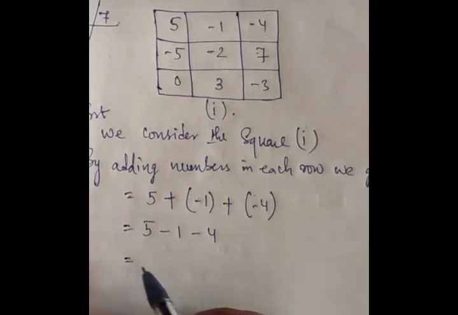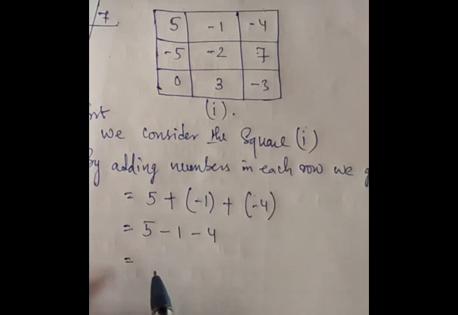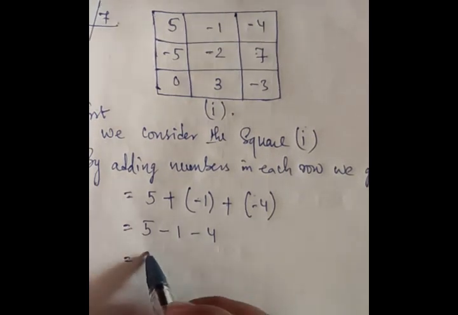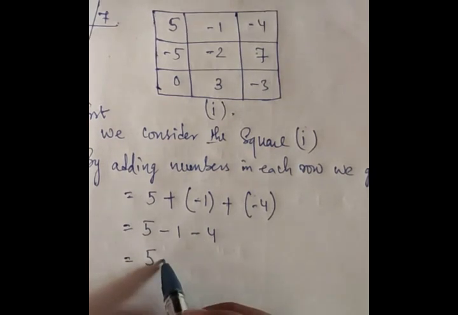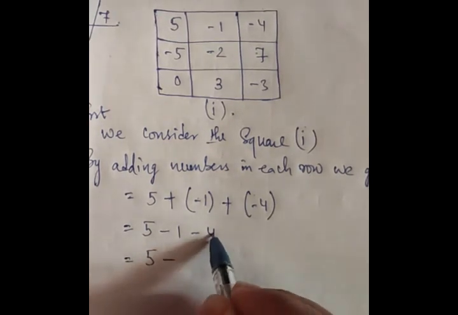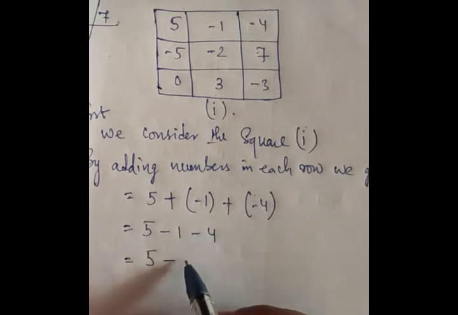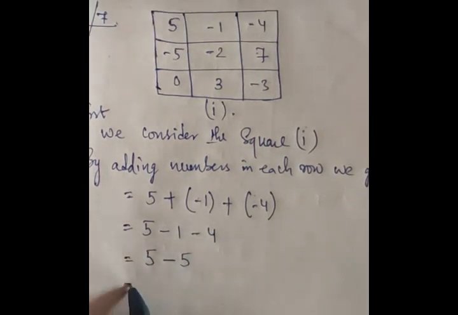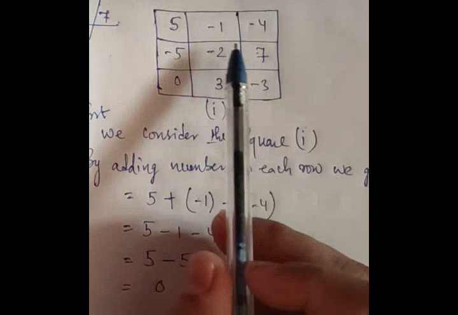Many students face this problem regarding the minus, which one to solve first. So let us solve this first. Minus is plus, but we are going to put the minus sign, because 4 is greater. In the previous class also we have done this. So 4 plus 1 is 5, so 5 minus 5 is 0. So now we have got 0 by adding numbers in the first row.